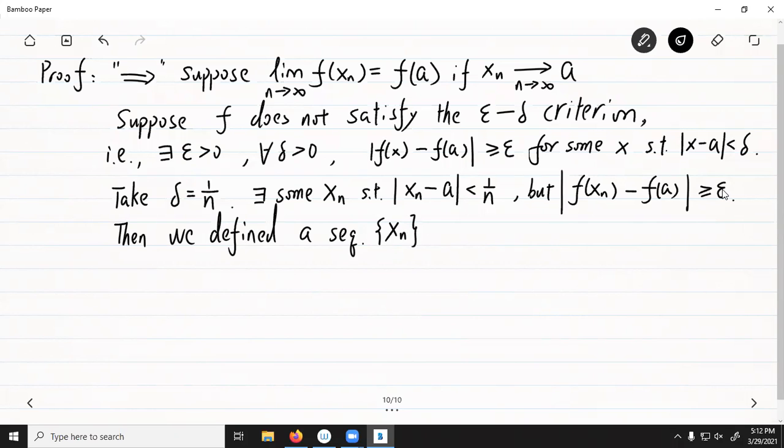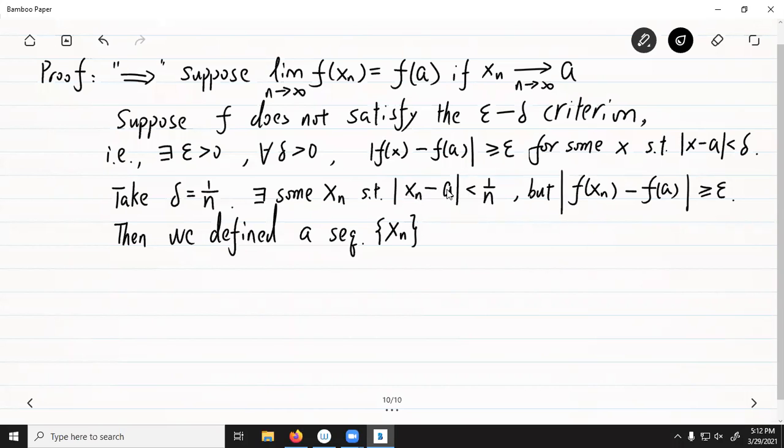So xn minus a is always less than 1 over n. When n approaches infinity, this approaches 0. That means xn will approach a. Xn minus a will approach 0 when n is increasing, becoming smaller and smaller. So this sequence is very close to a. The limit is a.